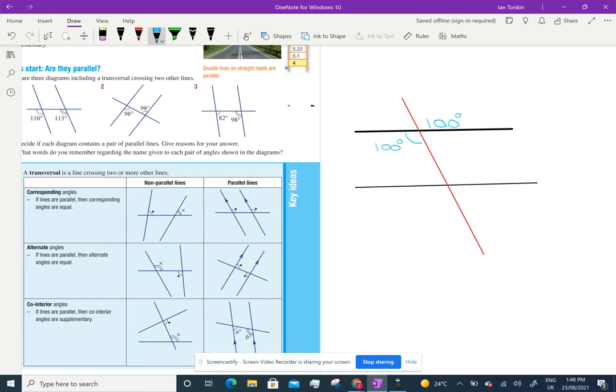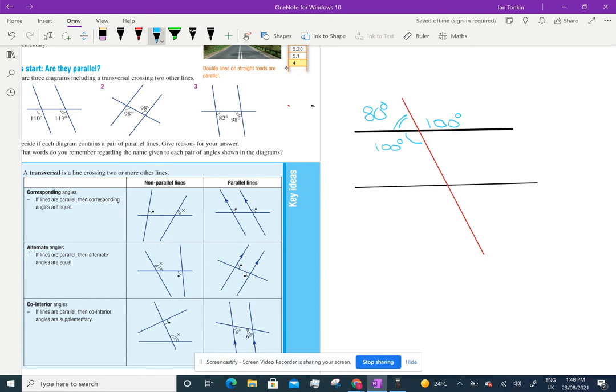This angle here is on a straight line, either that way or this way. And angles on straight lines are supplementary. So this is 180 minus 100. So that's going to be 80 degrees.